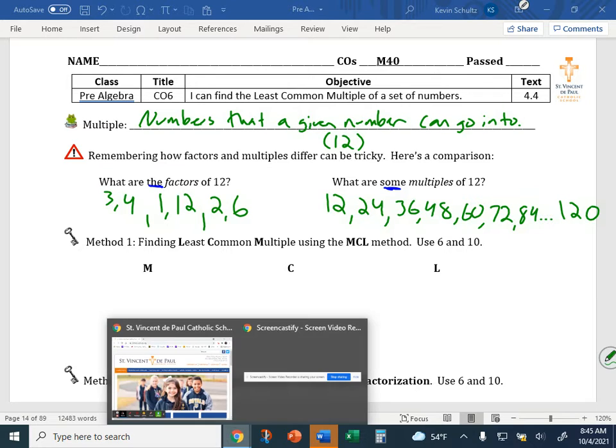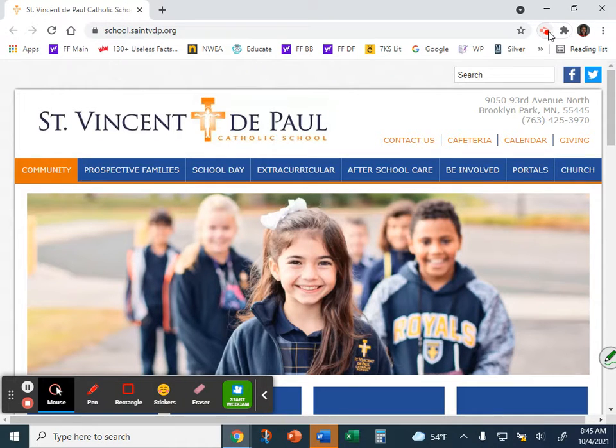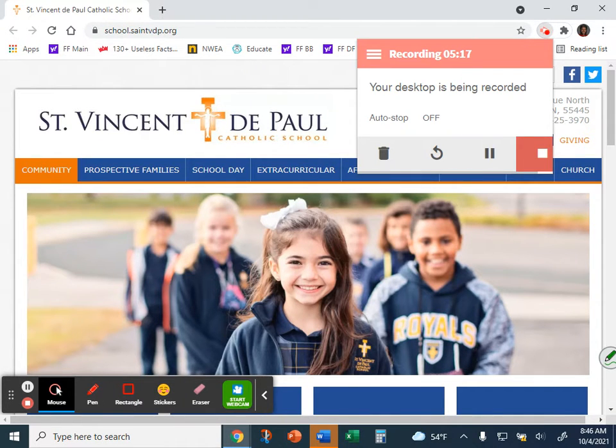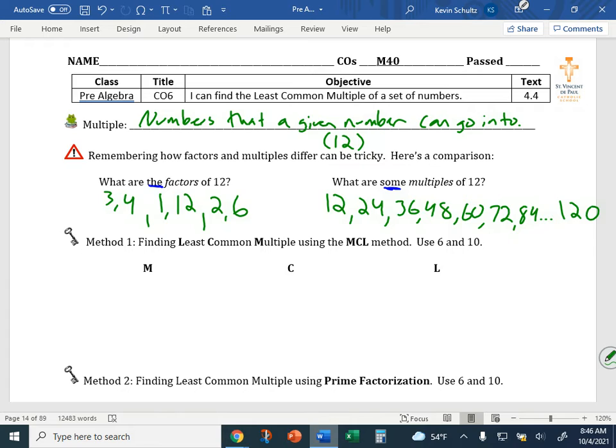Hold on, let me pause the video for just a second here. So practicing this with 6 and 10, the first method that we're going to learn, kind of like with greatest common factor, was just the listing method, right? Let's just start to list multiples until we find a common one.